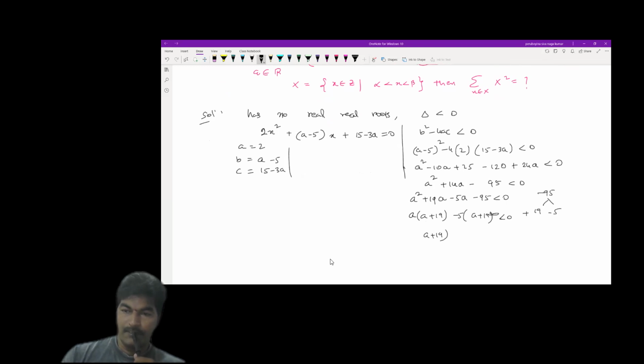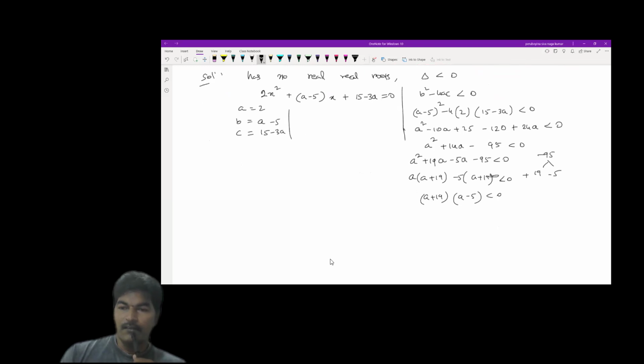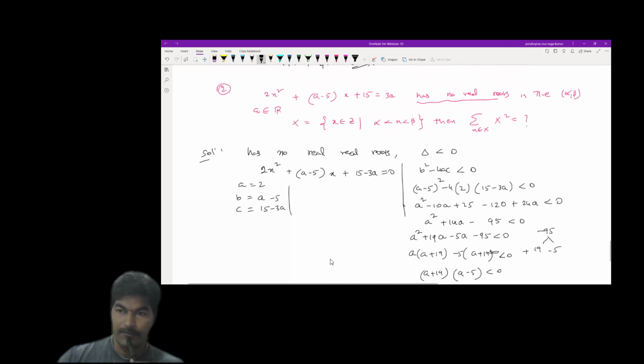That means (a plus 19)(a minus 5) is less than 0. So that means a lies between minus 19 less than a less than 5. So we got a particular interval that belongs to a. Okay, so that is the answer: open interval minus 19 comma 5.